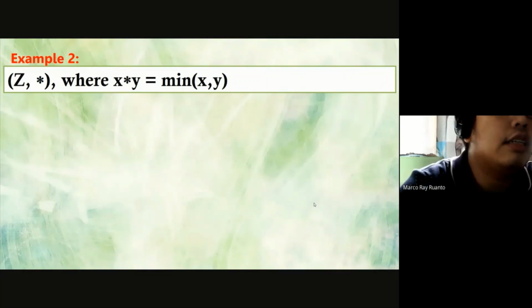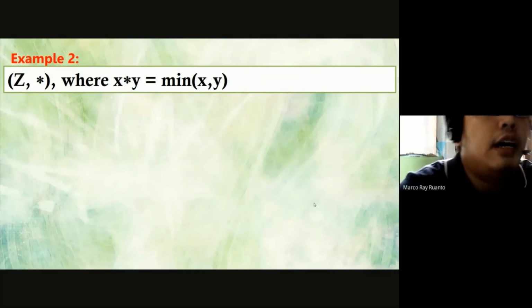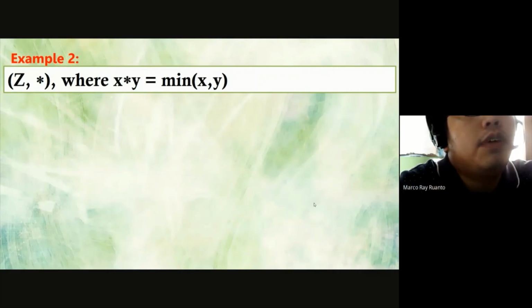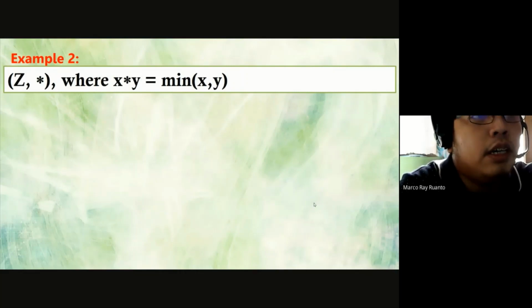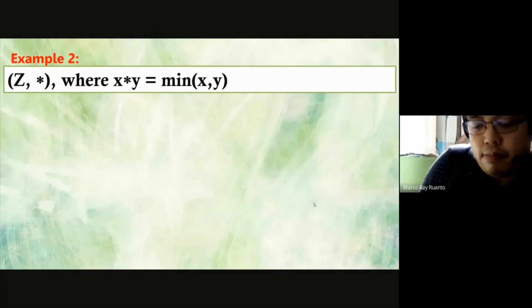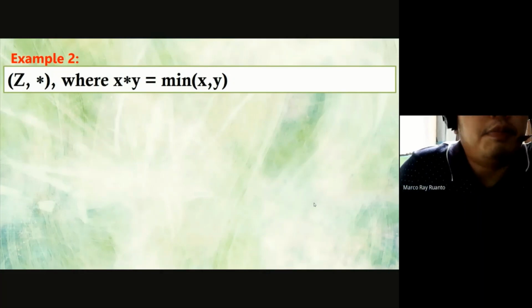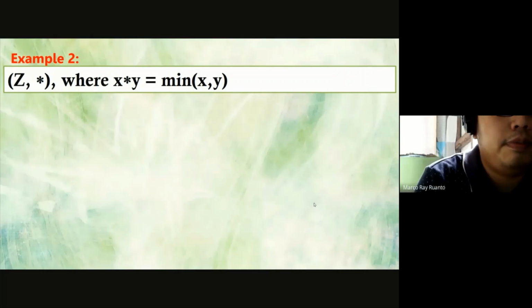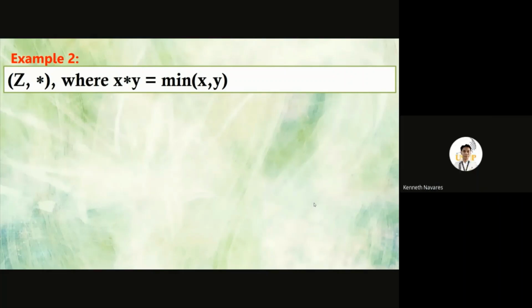Okay, let's try this example. If you have the binary operation on Z defined by x asterisk y equals the minimum of x and y, could we say that this is a binary operation? Yes or no? Yes, sir.